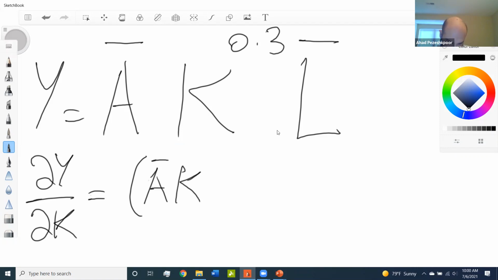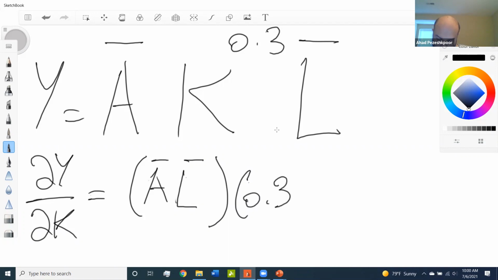That's multiplied by the power, just like x squared, 0.3, multiplied by K to the power minus 1. 0.3 minus 1 is minus 0.7.